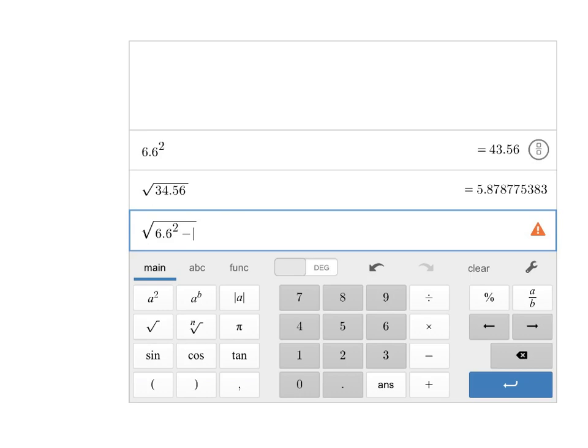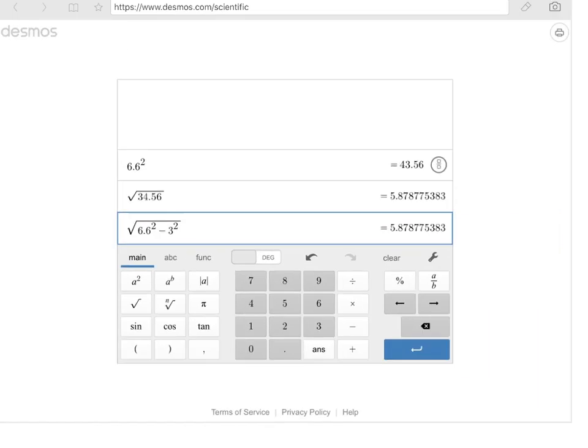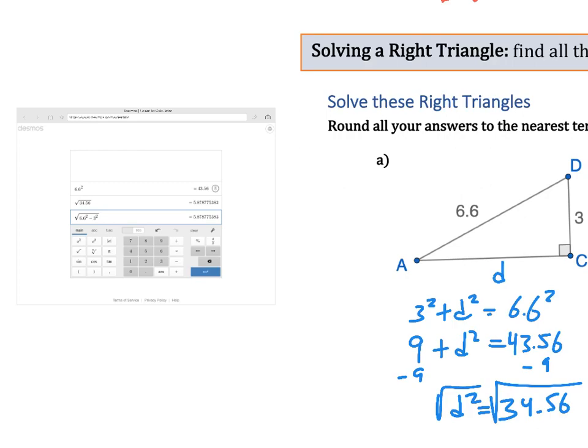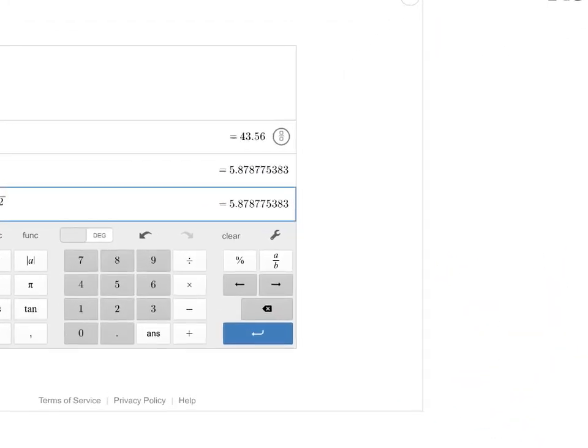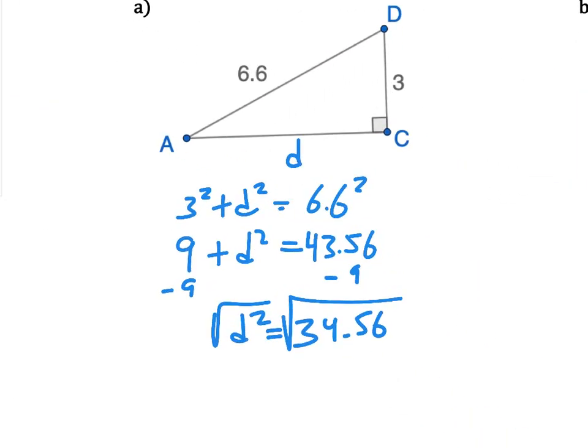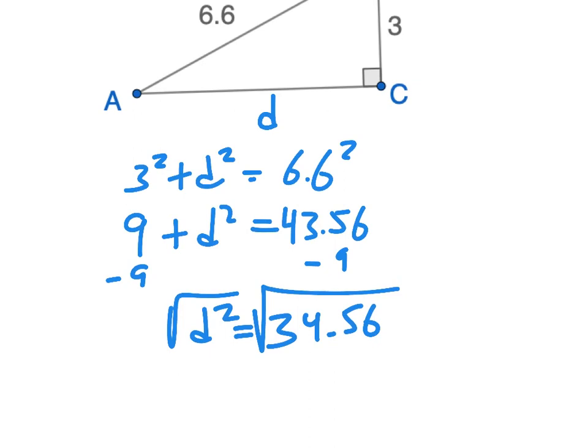It was 3 squared, which we know what it is. But if you just leave it as the squares and put it all together, you get 5.8787. We'll round that off to 5.88. Well, let's see. This is to the nearest tenth, so 5.9 would be what we got here. So D is approximately 5.9.